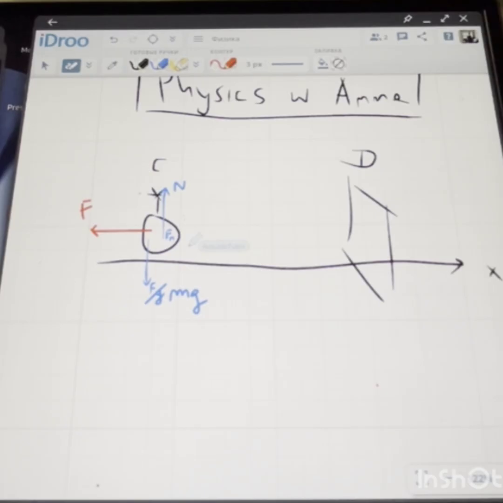Okay. Acceleration is net force divided by mass. Exactly. So if something is receiving a force, it must accelerate. If it doesn't accelerate, there's no net force.